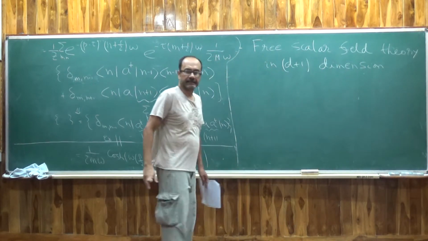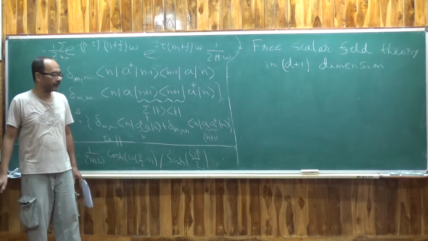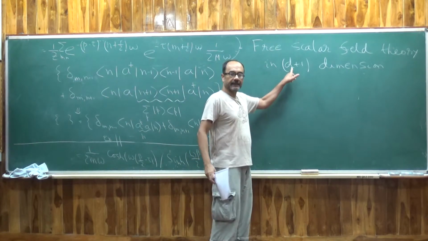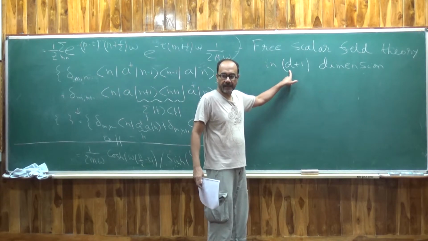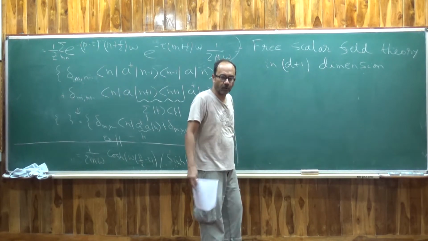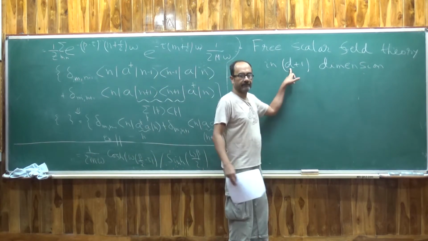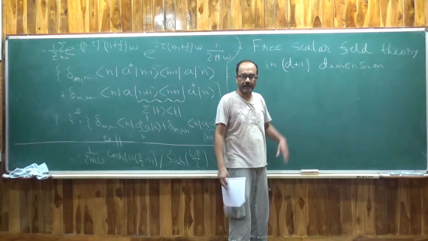So D, eventually you are interested in D equal to 3, if you want to do a 3 plus 1 dimensional theory. But I'll keep D in the intermediate stages because you will see that you have to do dimensional regularization. There will be various divergences, as is normal in quantum field theories. So I'll keep D unspecified till the end. At the end you will have to set D equal to 3 minus epsilon.